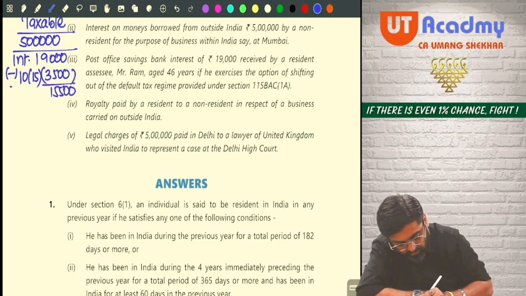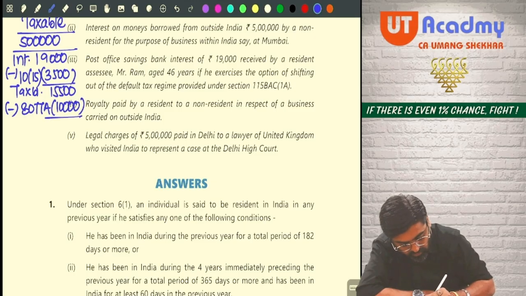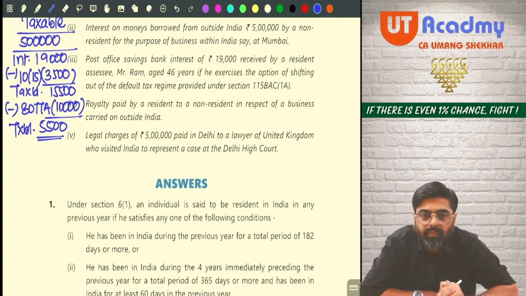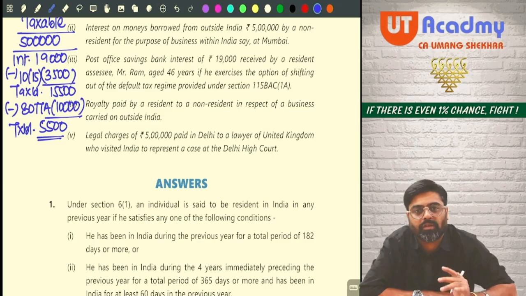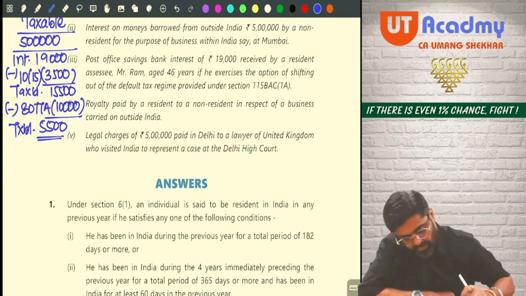This is the taxable amount, and out of that, after considering the 80TTA deduction amounting to 10,000, whatever remains, 5,500, will be the final taxable amount, and this will be taxable in the hands of all types of assessee, whether the assessee is ROR, RNOR or NR. Okay, next one.